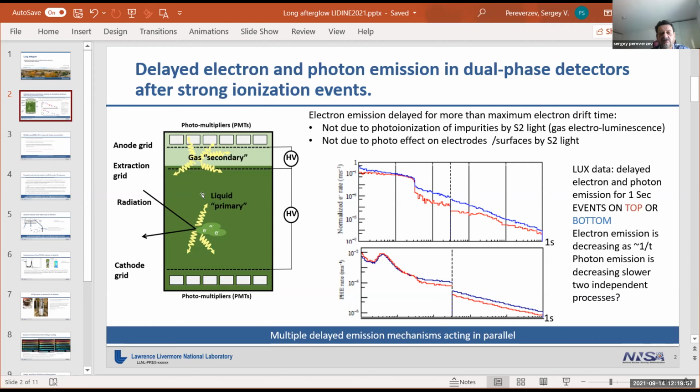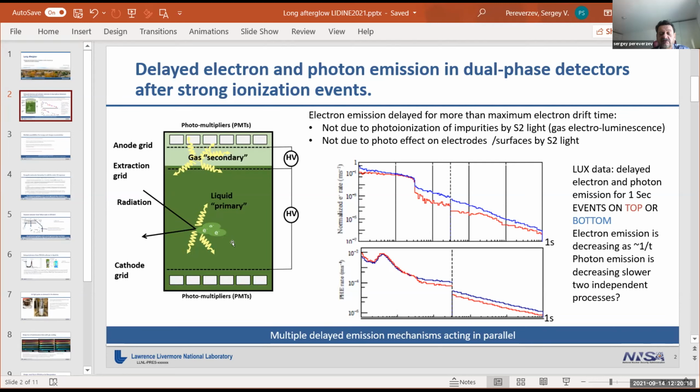I think I don't need to explain how this dual phase detector works, but what was observed is delayed emission of electrons and delayed emission of light that continues for a time much longer than the maximum electron drift time in liquid.